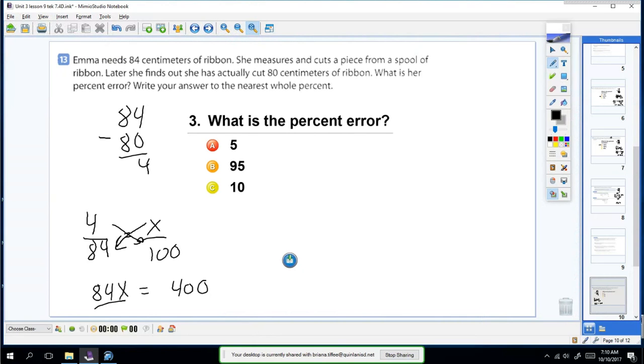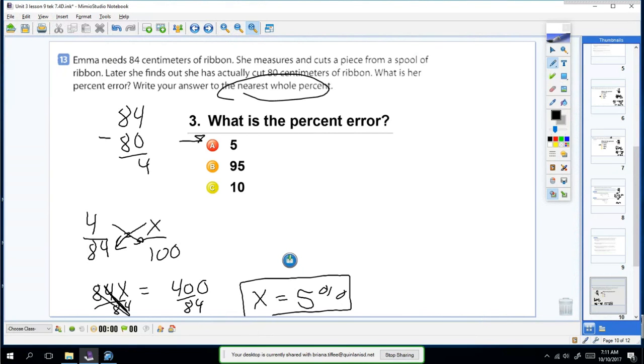Then you're going to divide both sides by 84. This cancels out, and I get my x. 84 goes into 400 about 5 times. So we round it up to 5%. So she made about a 5% error, because it wants the nearest whole percent.